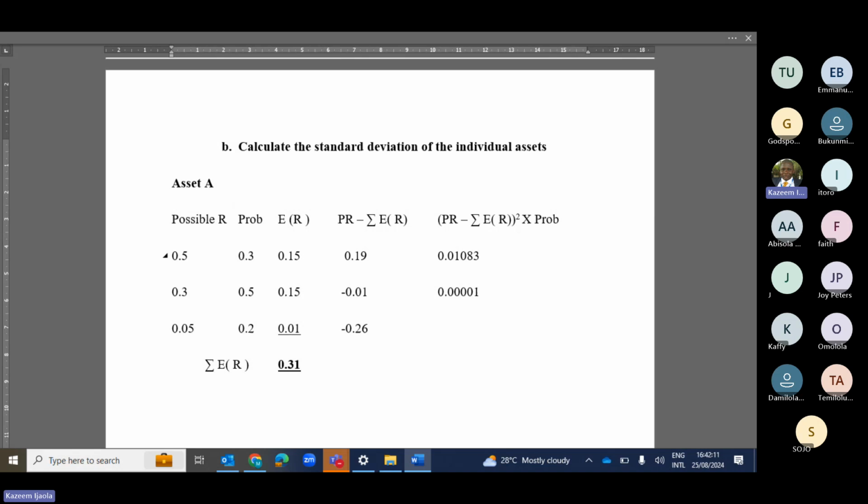Then the last one will be 0.26 raised to power 2 times 0.2. The answer is 0.13. If it's 40, then it's supposed to be 5 after 0, not 1. What I'm having is 0.0040 before 5, then 0 again.